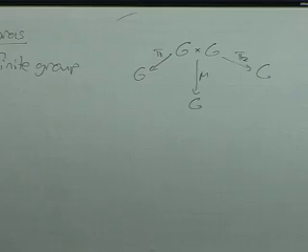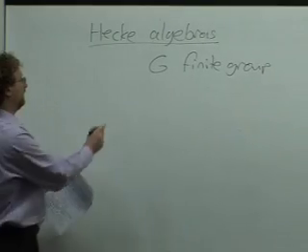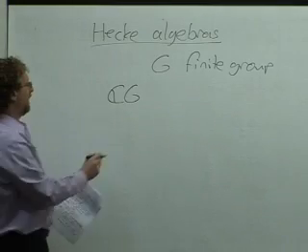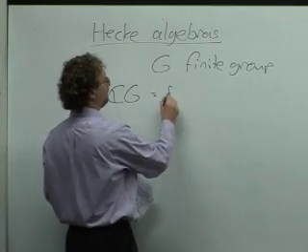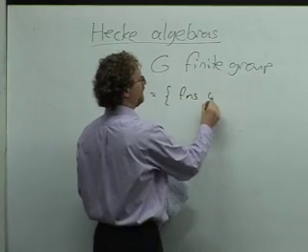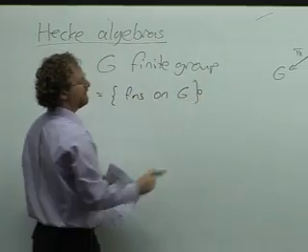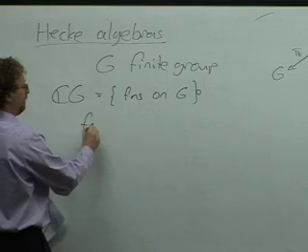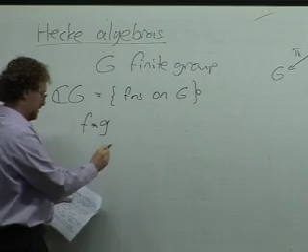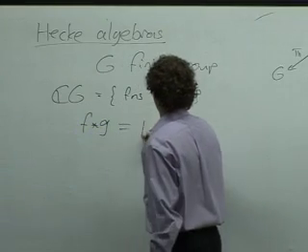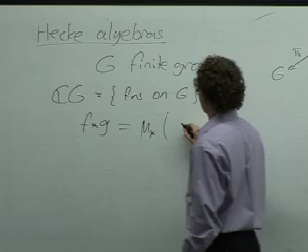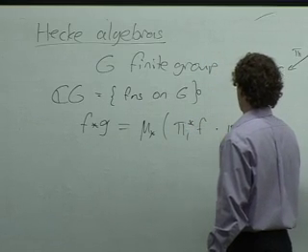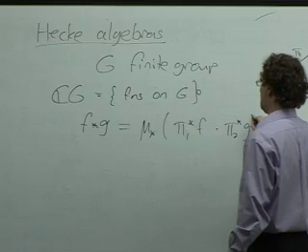So the group algebra, which I'll call CG, I'm going to think of as complex valued functions on G. But I'm going to give it multiplication by convolution. I'm going to give it the product f star g, which is I'm going to sum up along the fibers of mu the pullback of f times the pullback of g.